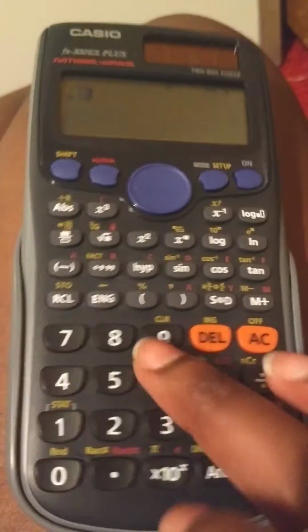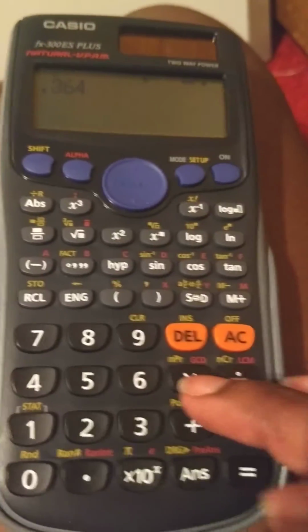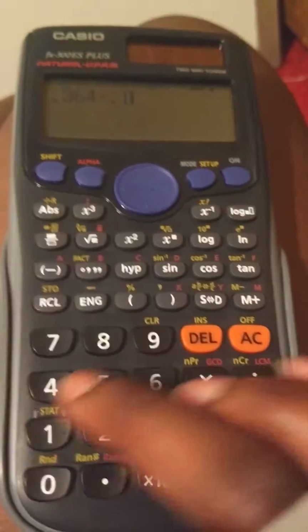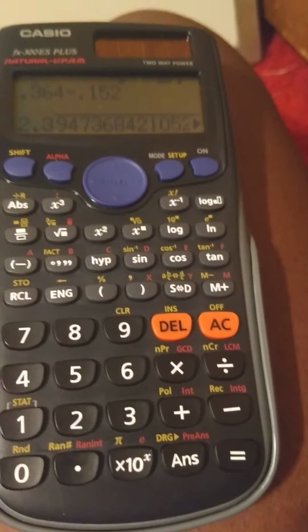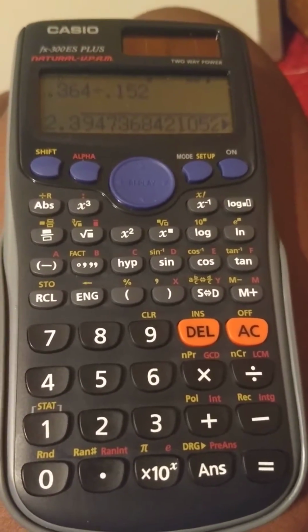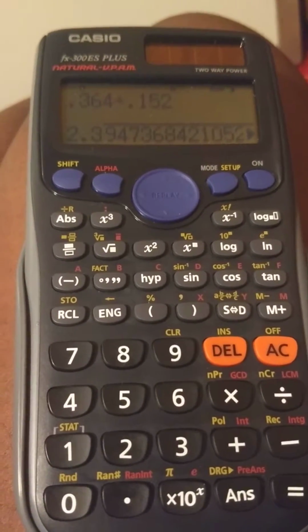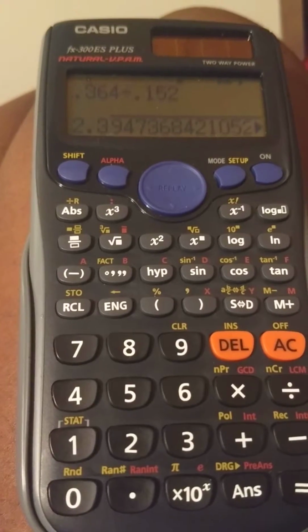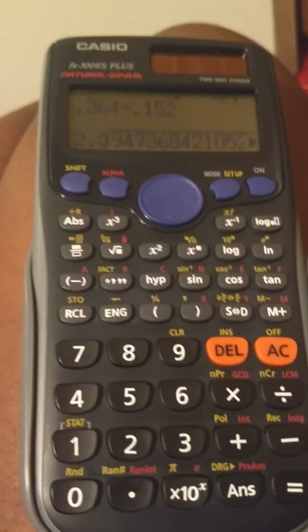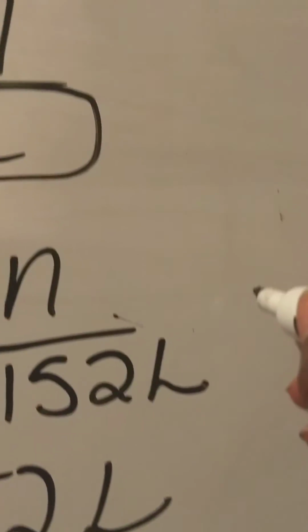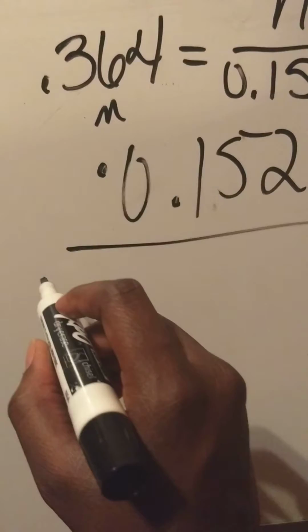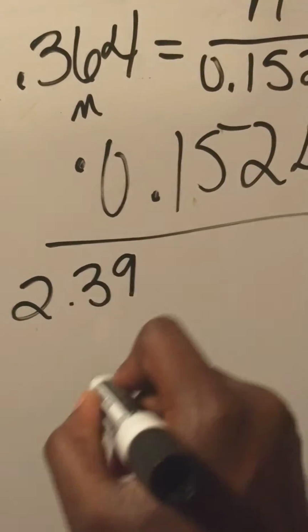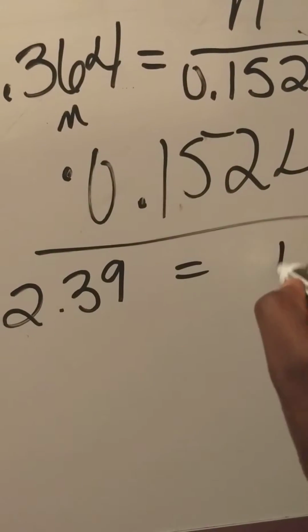Plug it into our calculator. 0.364 divided by 0.152 equals 2.39 moles. Yeah, just 2.39 equals N.